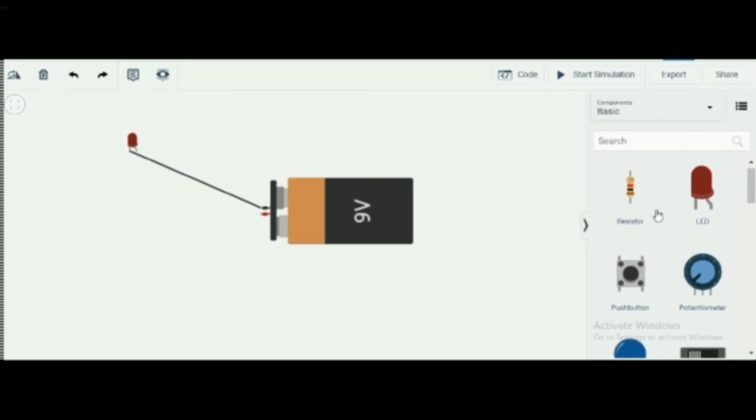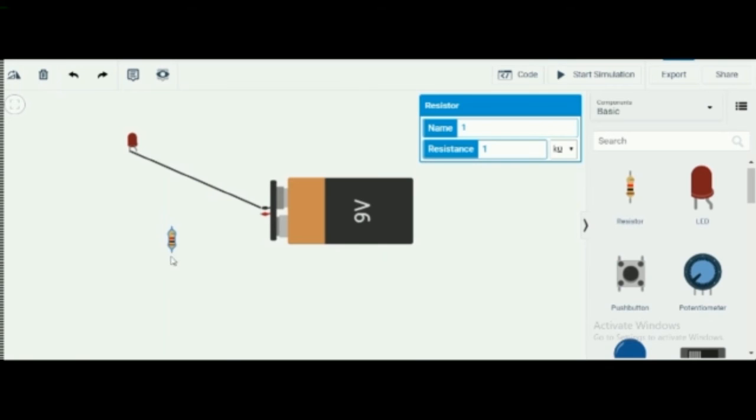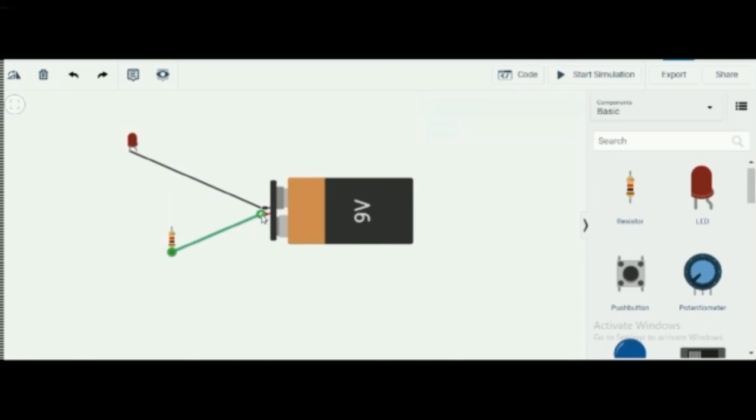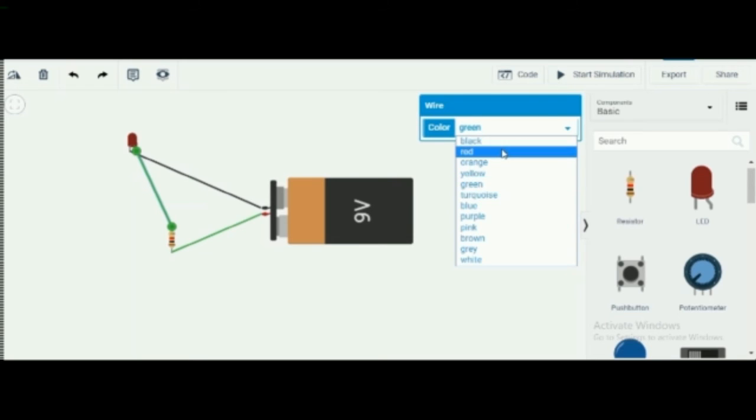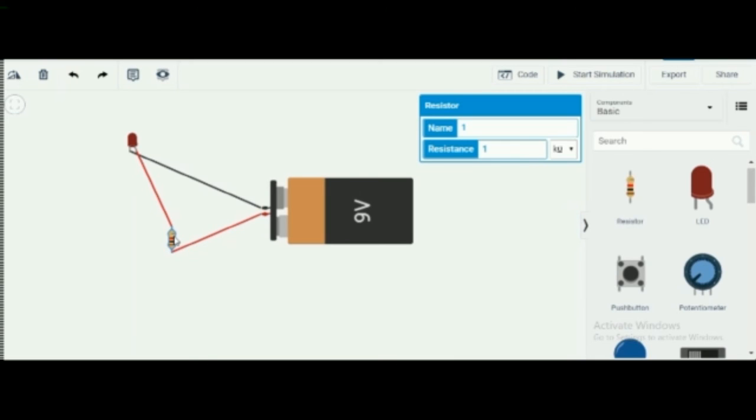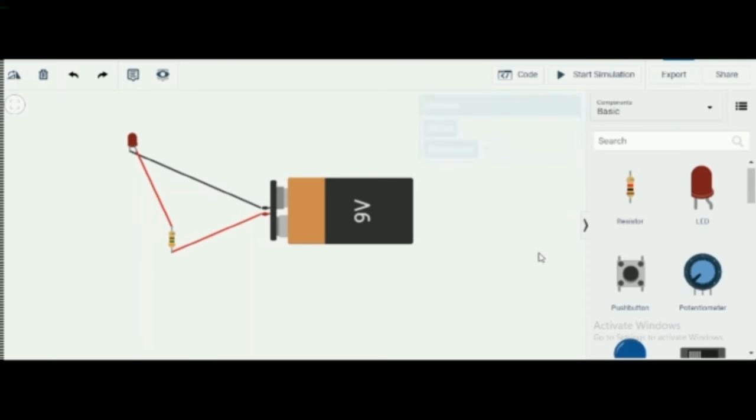Now I am going to connect a 350 ohm resistor in series with a battery and LED. And I am going to start the simulation. LED glows.